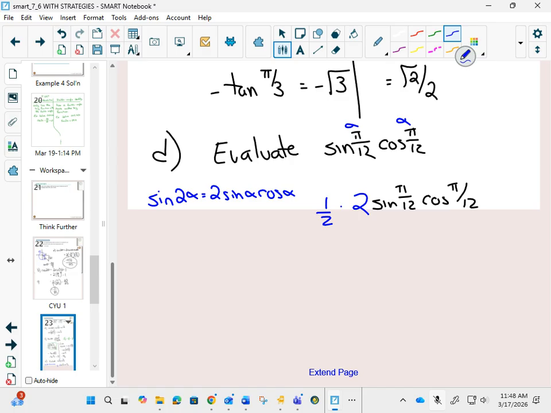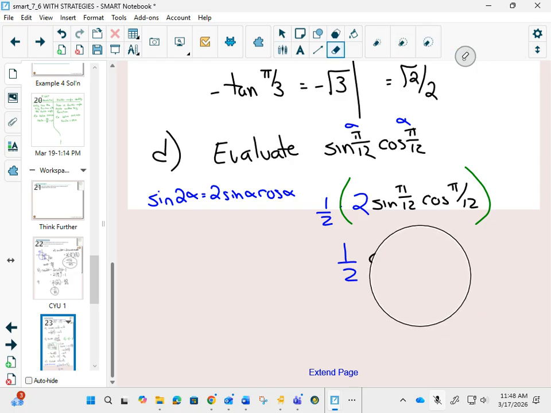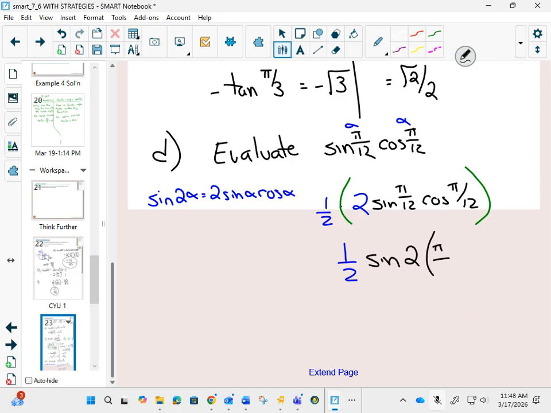Because what's 1/2 times 2? 1. And now that matches my formula perfectly, and I just have this extra half out in front, but the rest of that is going to be sine of 2 times pi over 12.